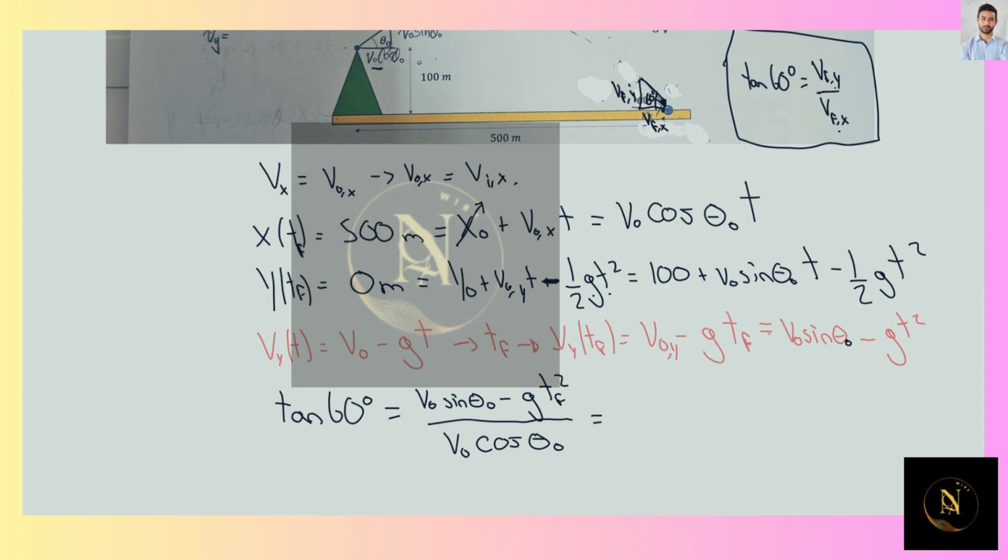Simplifying this equation, we're going to get tangent of theta 0 minus gravity final time over v0 cosine of theta 0.